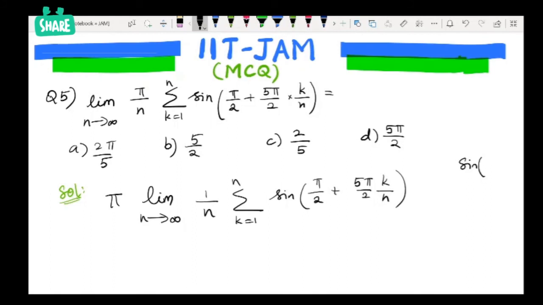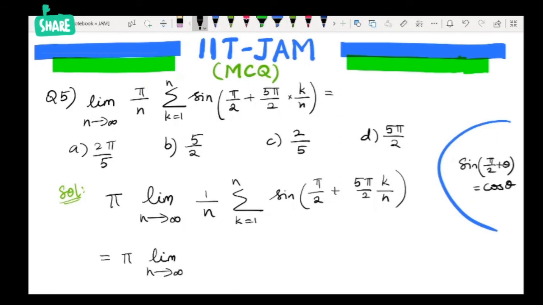Now we know that sine of 90 plus theta, that is pi by 2 plus theta, is the same as cos theta, right? So I'm going to apply that here. So this one will become pi, limit n tends to infinity, 1 by n, summation k equal to 1 to n, cos of 5 pi by 2 k by n.